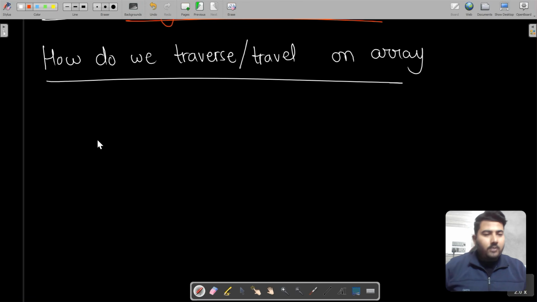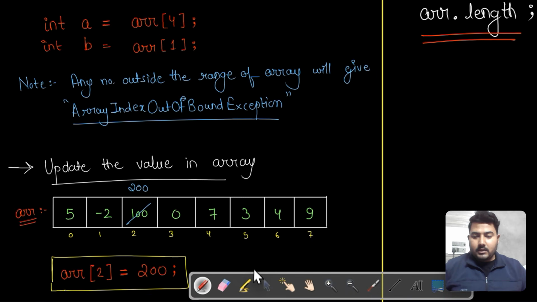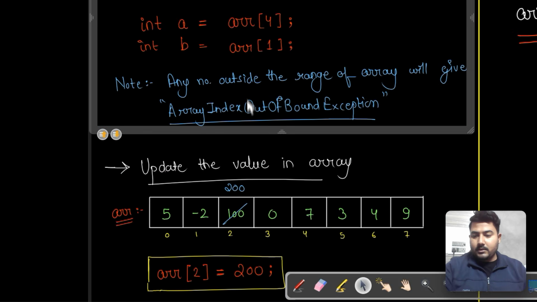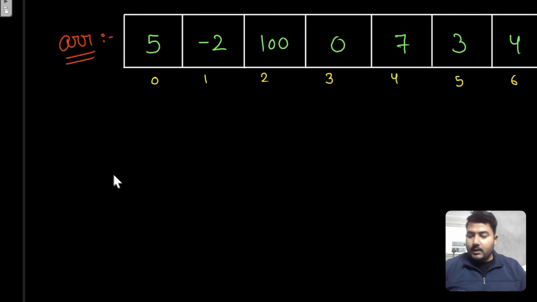For traversing on anything, we obviously need a loop. Right now we are going to use a for loop as an example. Let me bring our array here as well. Let's suppose I want to traverse on this particular array. What I will do is simply write down a for loop.